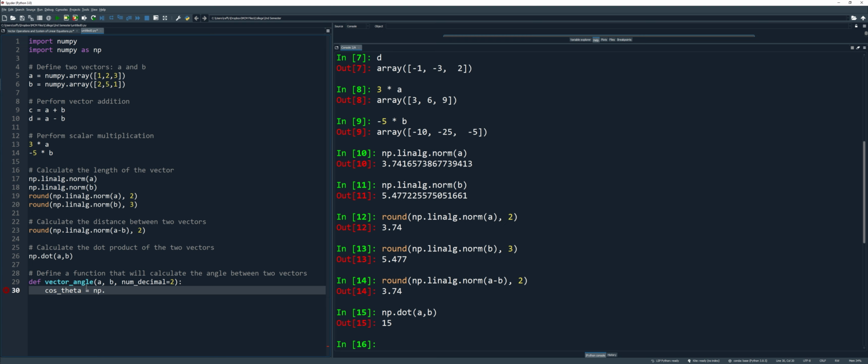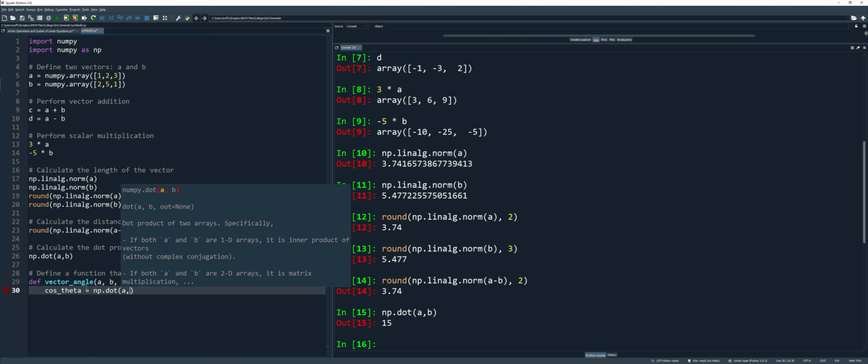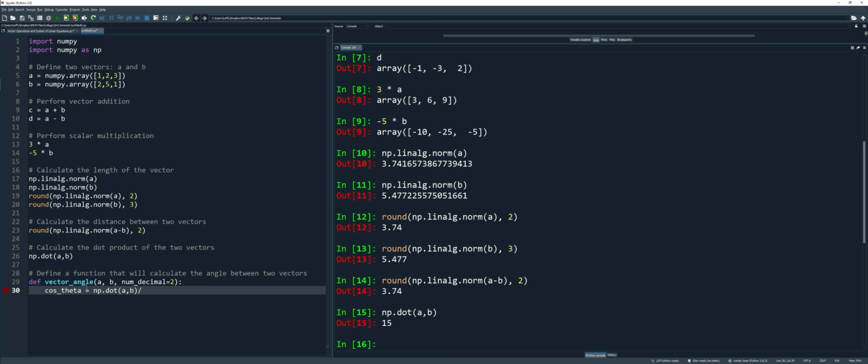So we get the dot product of the two vectors divided by, so we are now in the denominator, the length of the first vector using this function times the length of the second vector. So this is the cosine theta.